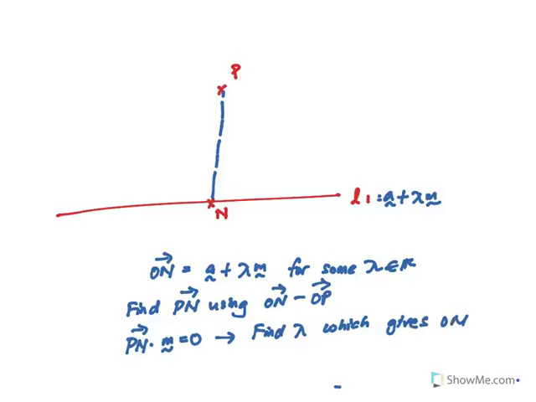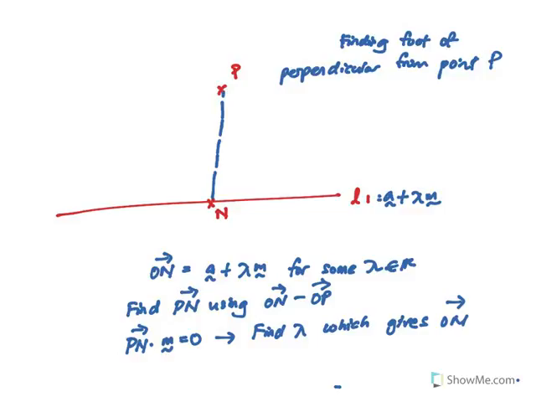So this is the general strategy where we are always finding the foot of the perpendicular from a point P to a line, by expressing PN and then finding the dot product to give us lambda.